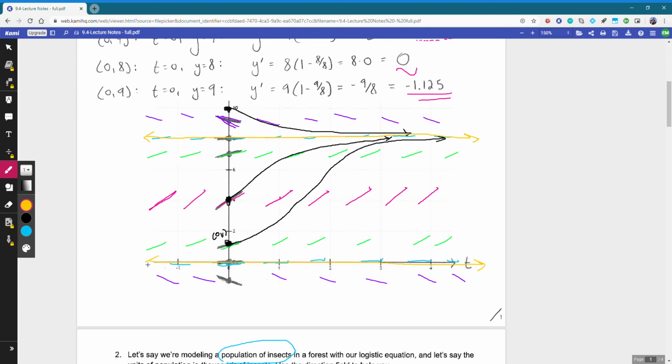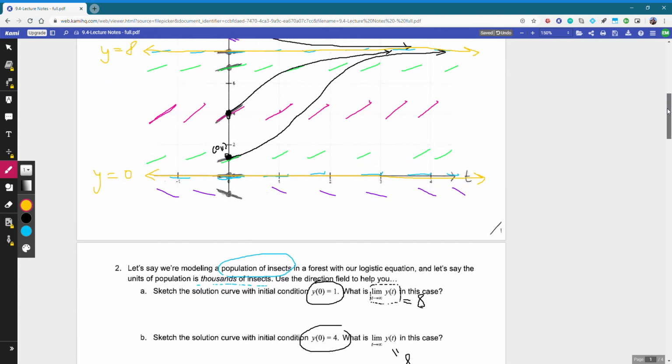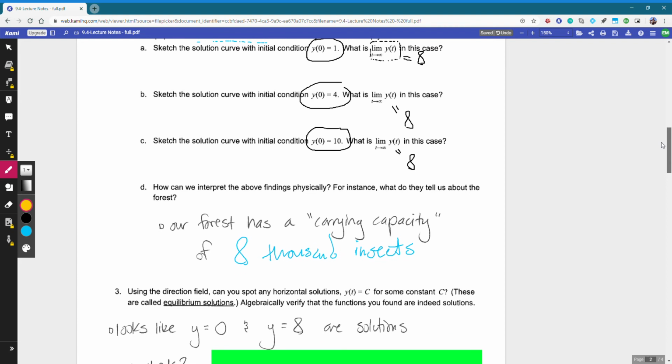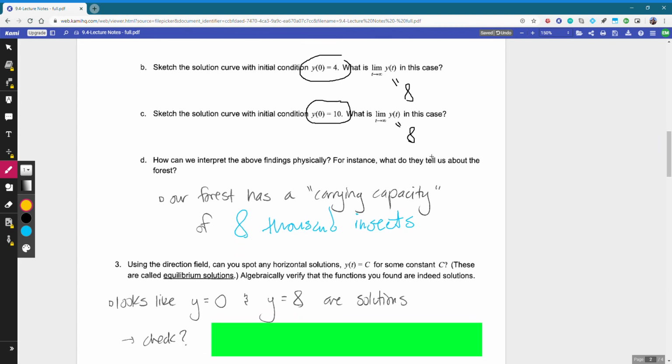And so it seems like these constant functions of y equals 8 and y equals 0 kind of pass this visual test, but how do we actually take functions and see if they algebraically solve our differential equation? How can we actually check this?